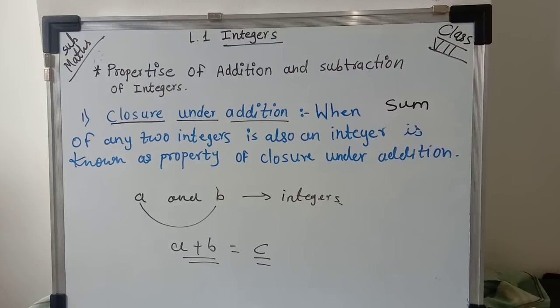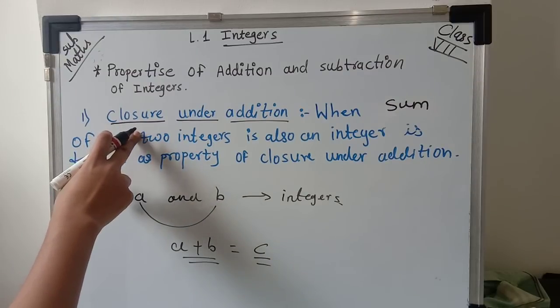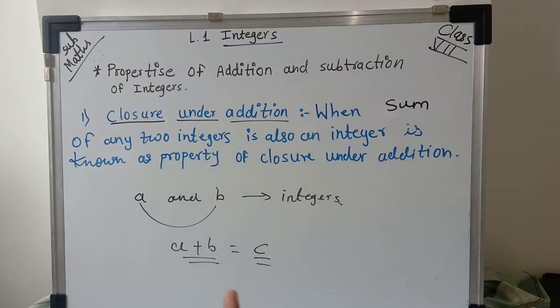In mathematical terms, when any two integers are added together, the result is also an integer, and that property is closure under addition, or we can say closed under addition.